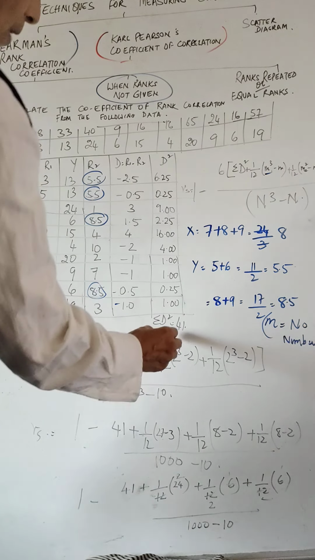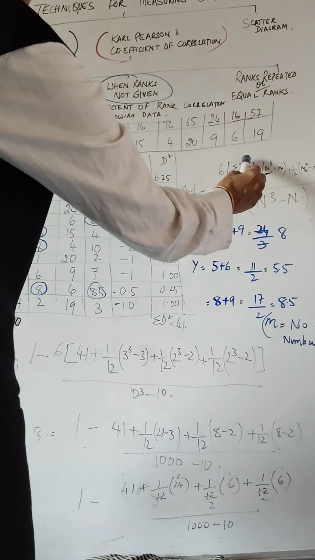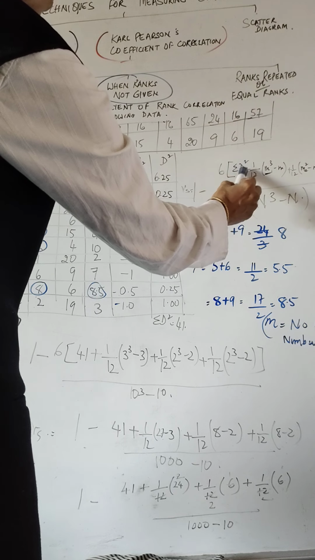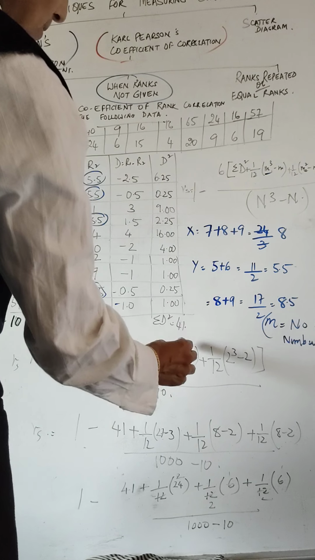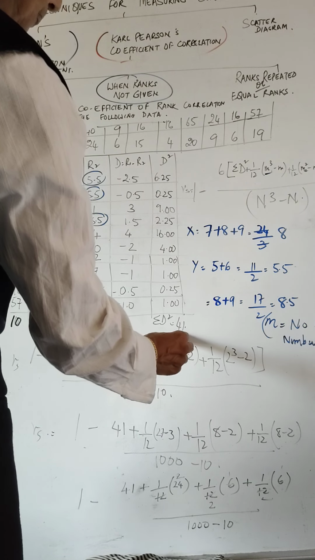Now we have to get sigma d square. If you add this up, you get 41.